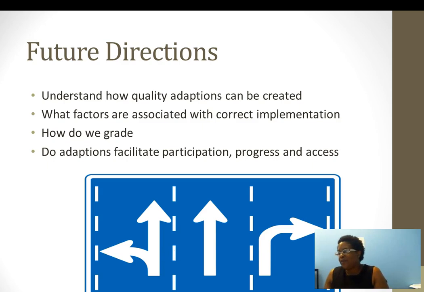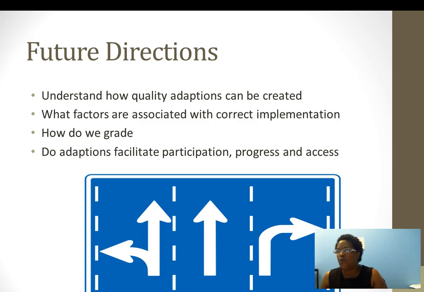So from this information and these suggestions, we know that, one, the research shows we need a better understanding of the difference between differentiation of instruction and adaptations. Novice teachers have to graduate and leave school knowing how to do this because the expectations have changed over time.